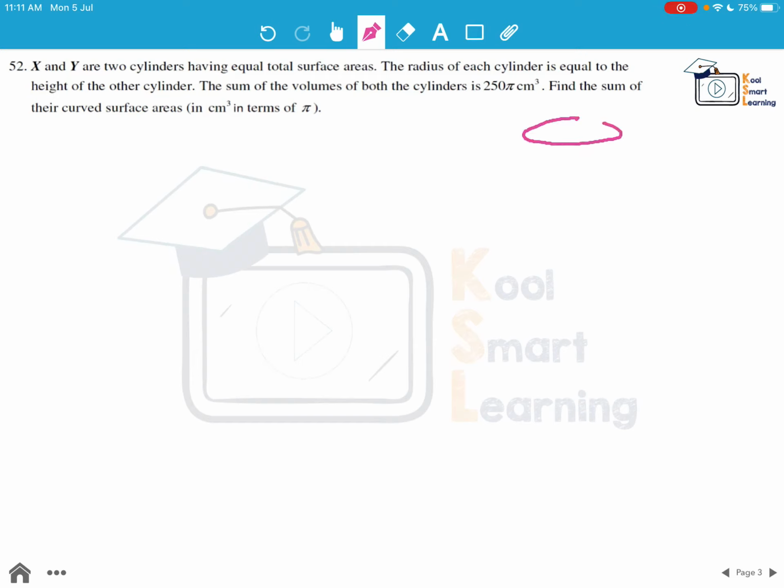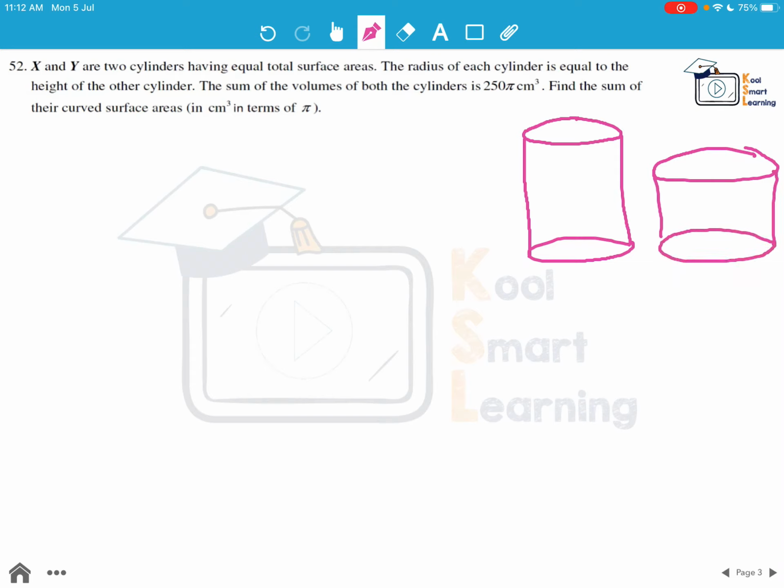So let's first of all draw two cylinders. Now what is mentioned is radius of each cylinder is equal to the height of the other cylinder. So let's take the radius of this to be r and the height of this to be h.